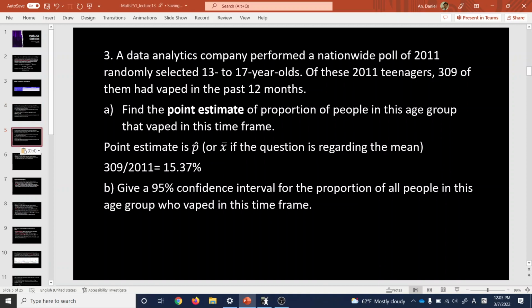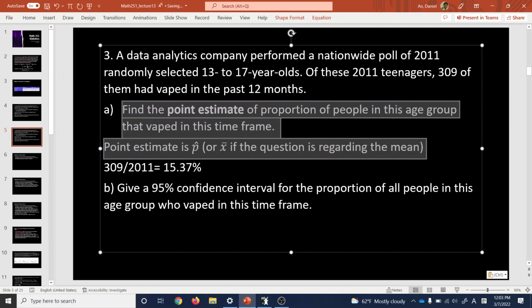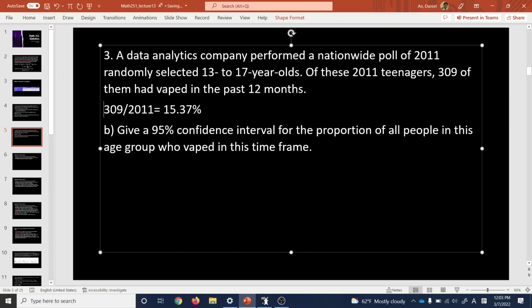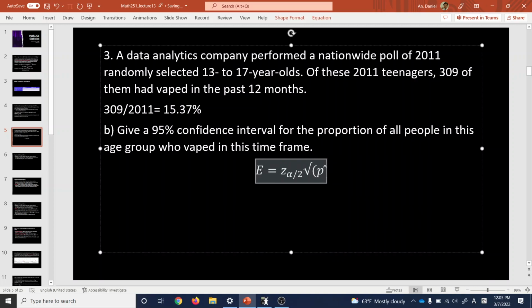Now for the margin of error, let me erase this much. The margin of error of the proportion is given as E equals Z alpha over 2 times the square root of p hat q hat over n, right?